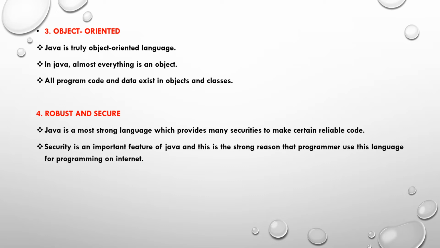So this we can call exception handling. Then security. Security is a very important feature of Java, and this is a strong reason that programmers use this language for programming on the internet. So this is a very important feature in Java, robust and secure.